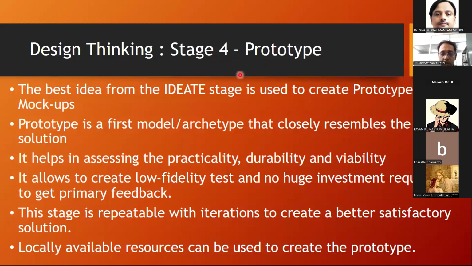So here our prototype is ready, but we have not tested it yet. We have made a model closely resembling the final product, and we will be checking its feasibility, viability, and practicality.